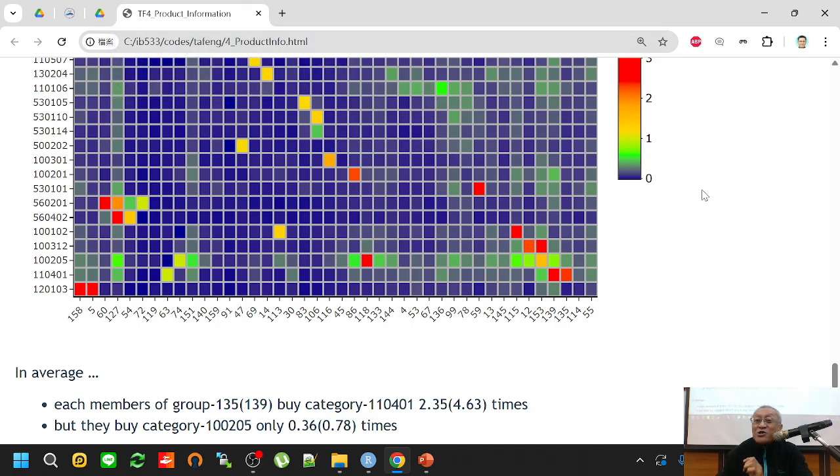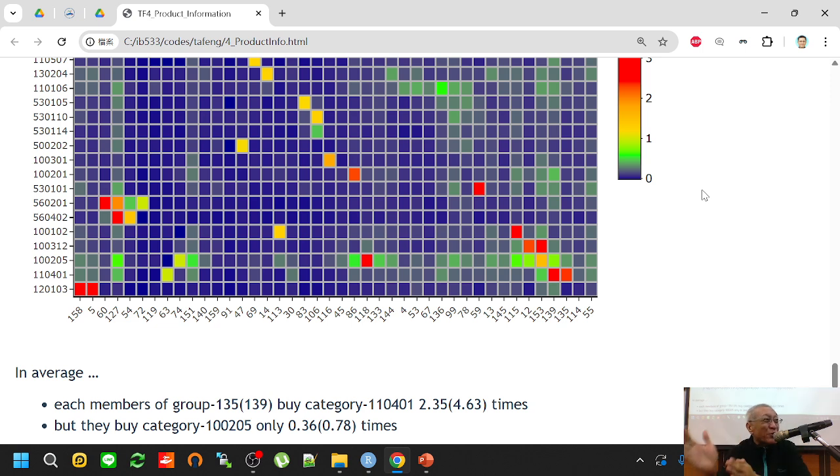So today we learn a lot of different techniques that you can apply to do data exploration. This exploratory data analysis is not systematic. It is composed of a lot of different techniques.